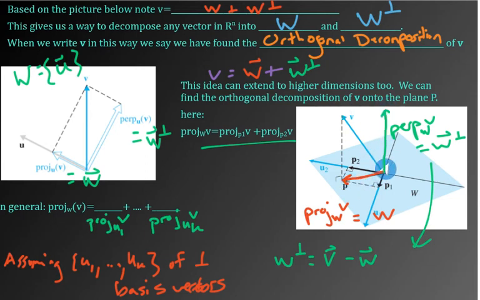Then we could always get one of these. And then we've started creating a perpendicular basis, and more on that to come. That's what gets into the Gram Schmidt process that we'll talk about pretty soon.